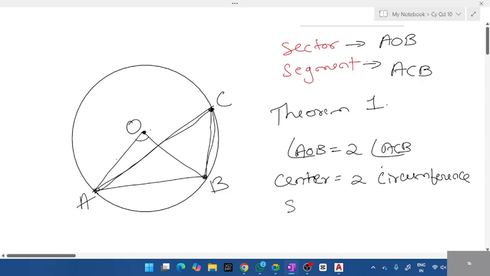AOB is sector. The angle formed in the sector is twice the angle formed in the segment. Which one is easy? The second one is easy to remember, right? Whenever an angle is formed in the center, it is twice the value of the circumference angle. Is it clear?